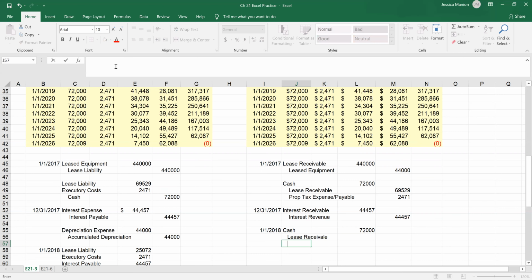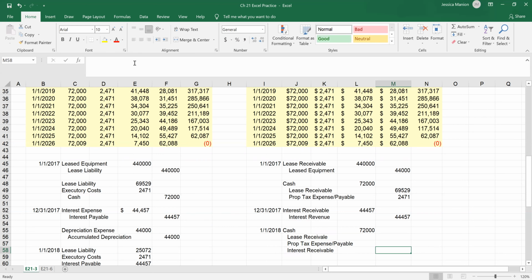We would credit property tax expense / payable. And then we'd also have to credit interest receivable. Oopsie. Receivable.